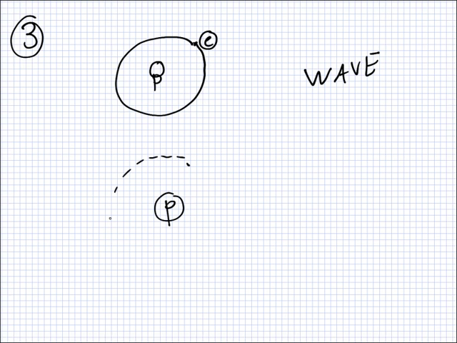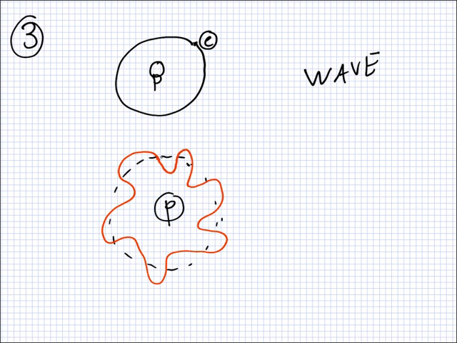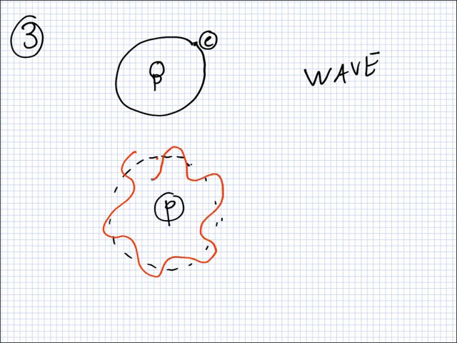I'll just draw a dotted line like this. Now the wave could go up, down, up, down, but it must finish where it starts. You can't have a wave like this that's broken here.